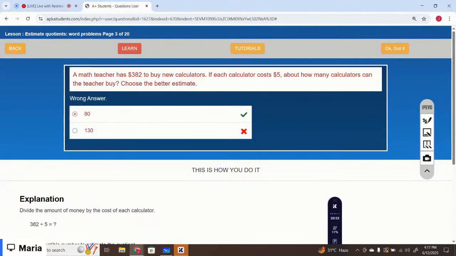You have to estimate the answer. So option one is the correct option.